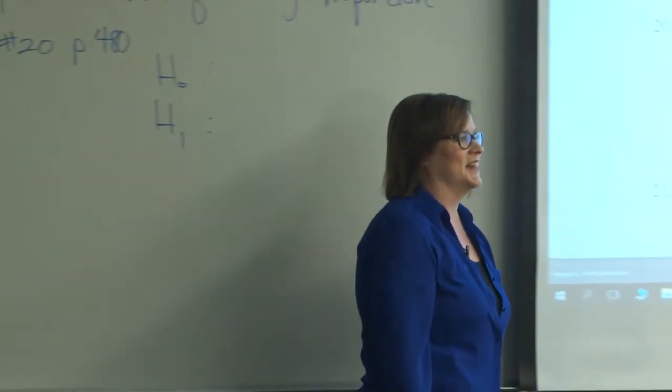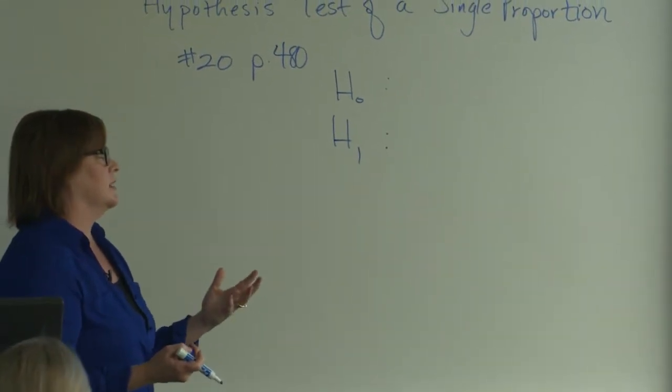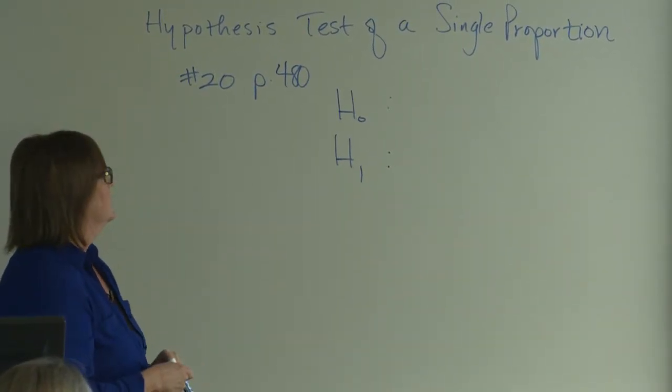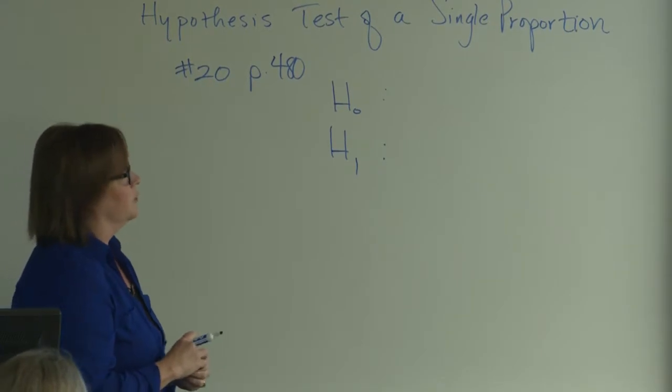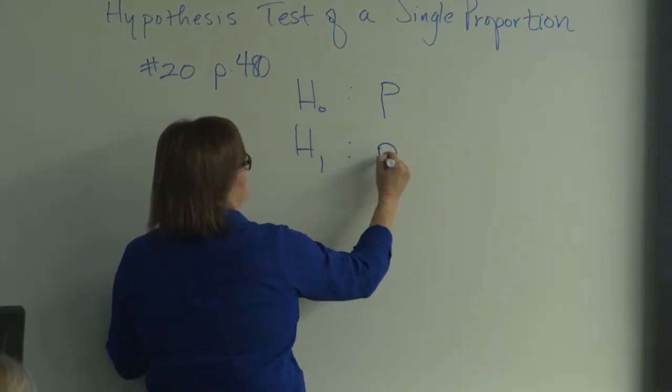So a success is a headache. Yeah, that's the proportion that we're looking at. And we're going to see if it has been reduced, but that's what we're focused on. So make sure that you have the symbol P here.